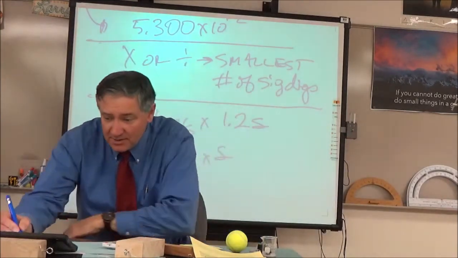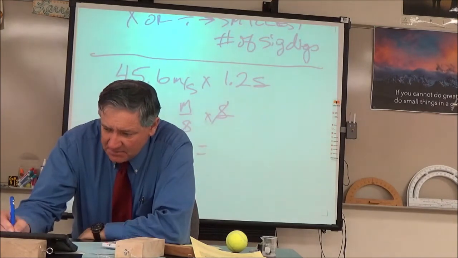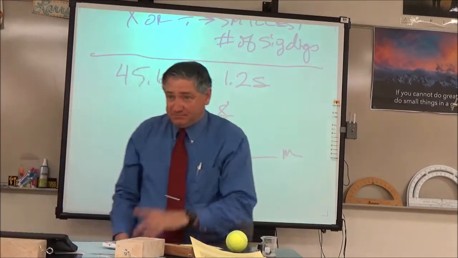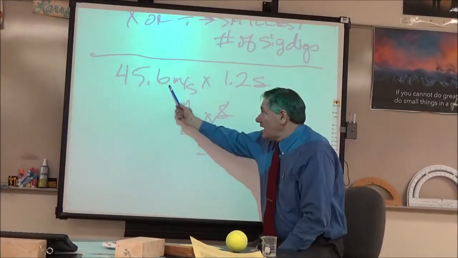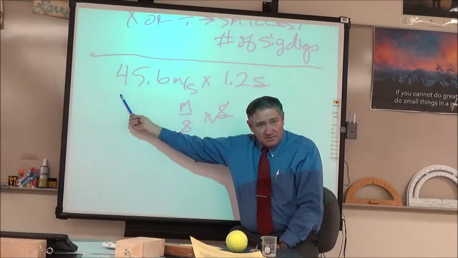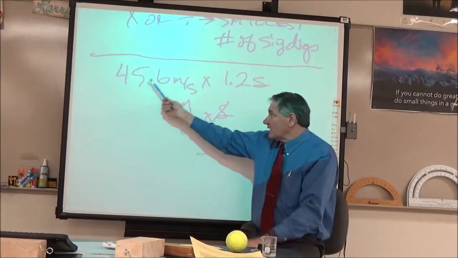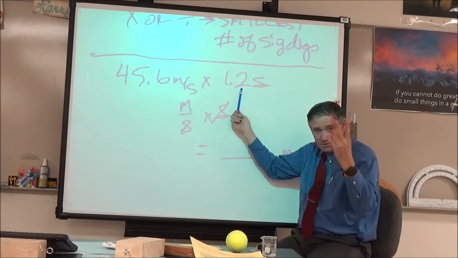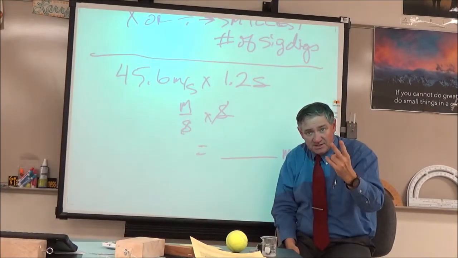I'm left with meters. So I know my answer is going to be some number of meters. Now, because I'm multiplying, how many significant digits are in this number? 3. How many are in this one? 2. So my answer can only have 2 significant digits.